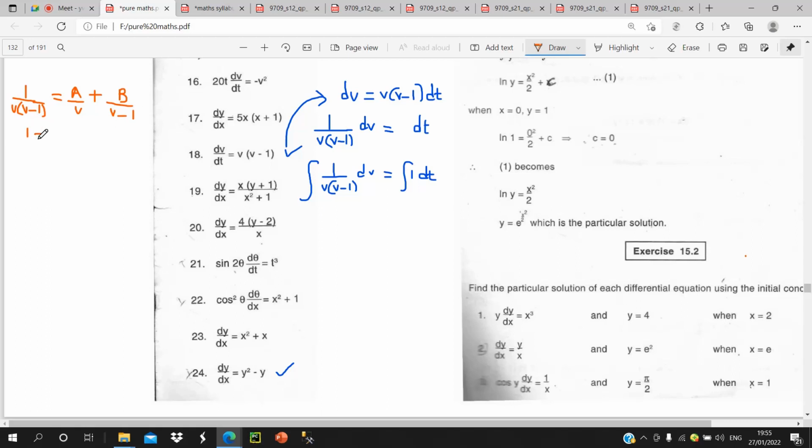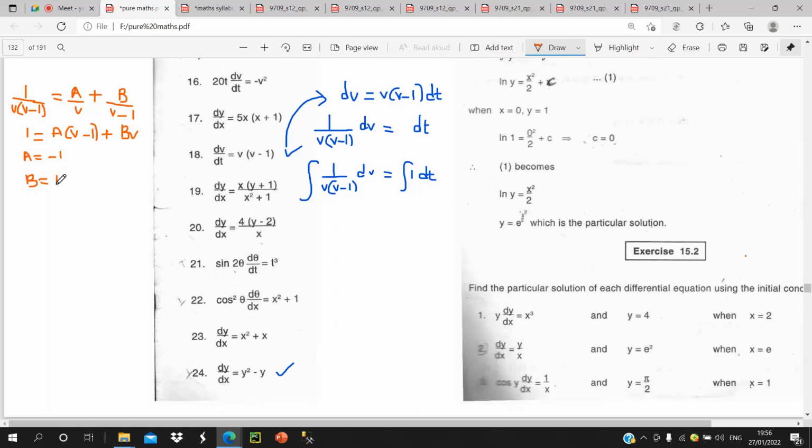Then when finding the values of A and B, A is going to multiply with v minus 1, then B is going to multiply with the v. So if v is equal to 0, what is going to be your A? Minus 1. And if v is equal to 1, what is going to be your B? 1.